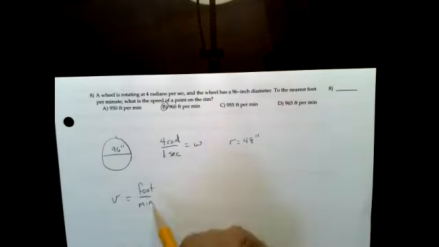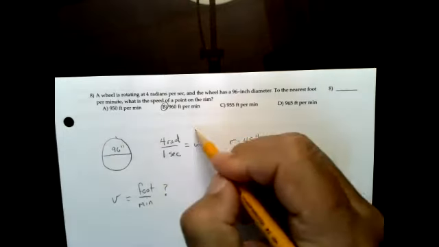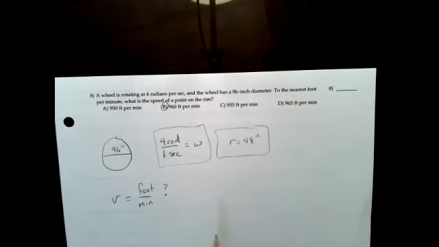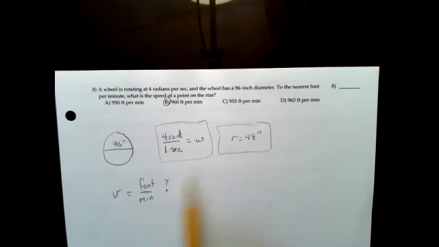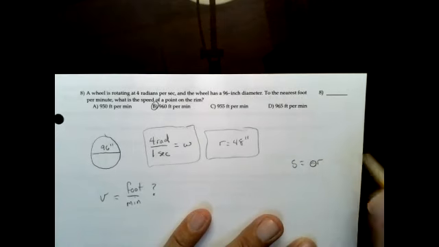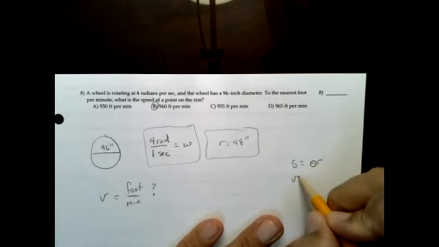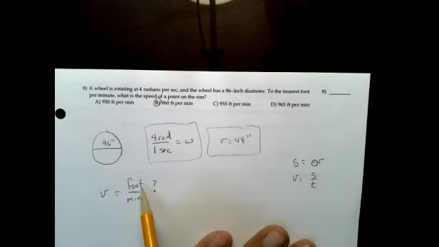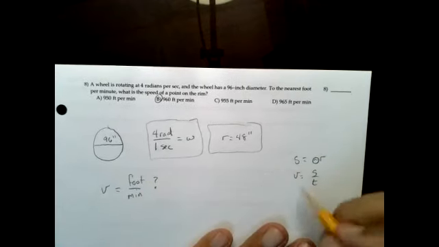So now this is what I want to calculate. This is what I have. And I got excited because this is that mutated formula. It was the mutated formula. Again, I'm going to write my formulas down. S equals theta R. V linear speed was S over T, distance over time.